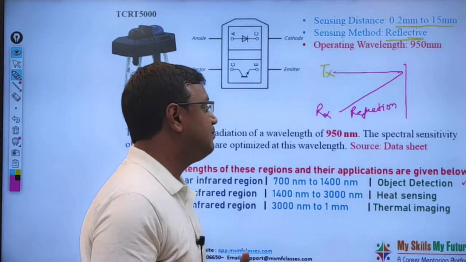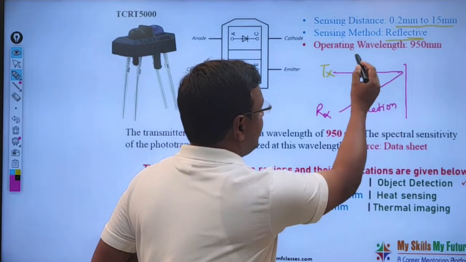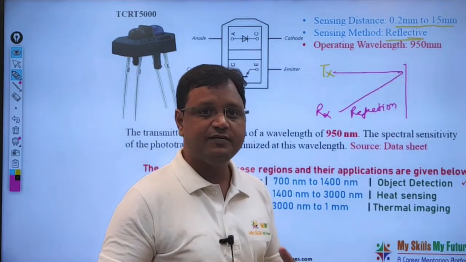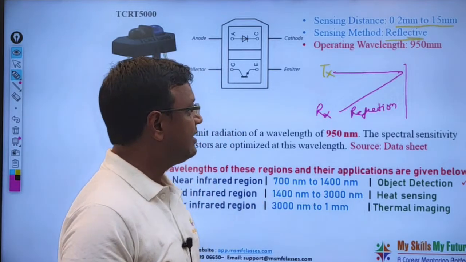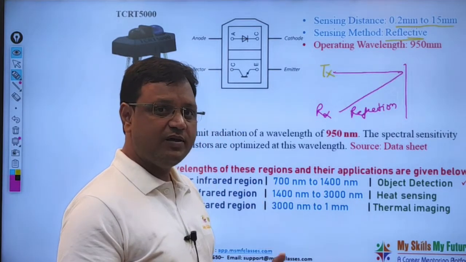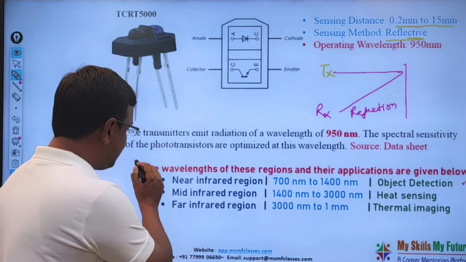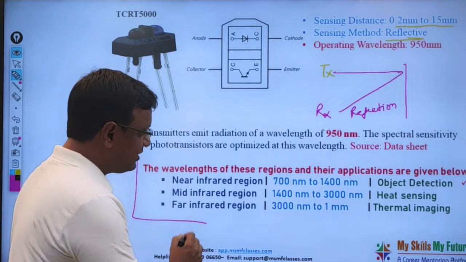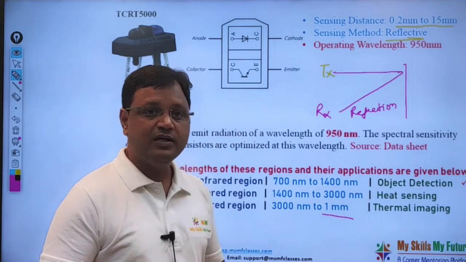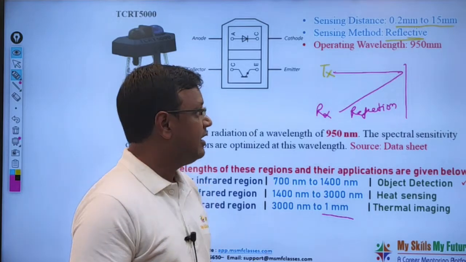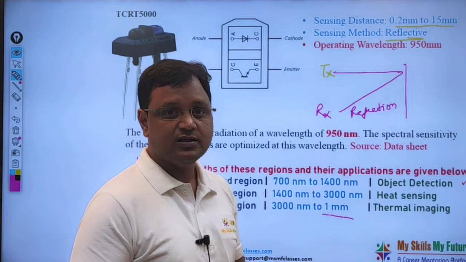The third important parameter I have taken here is wavelength. The wavelength is 950 millimeter. I took a pause here and started thinking about 950 millimeter, because as per the specification for IR, the maximum wavelength range is 1 millimeter, and here they have mentioned 950 millimeter. So technically it is wrong.